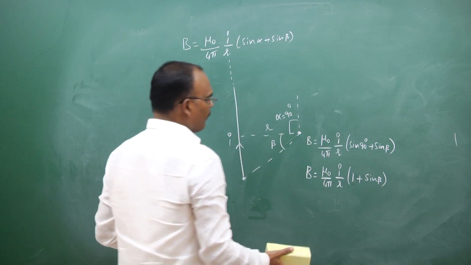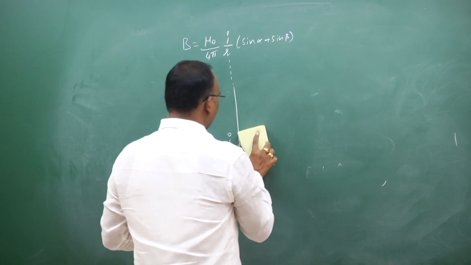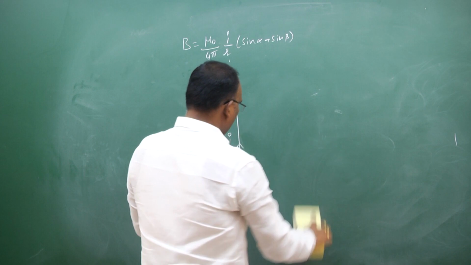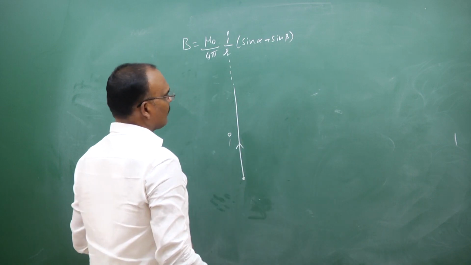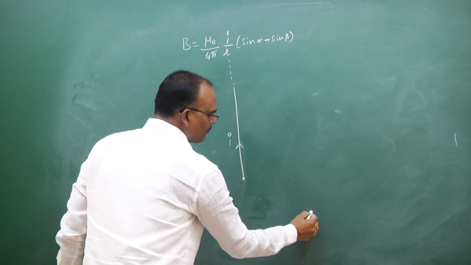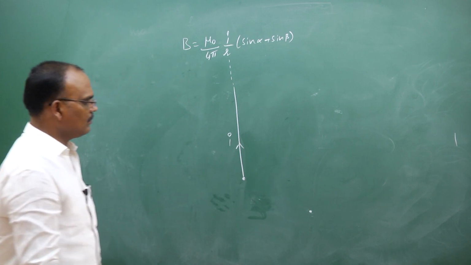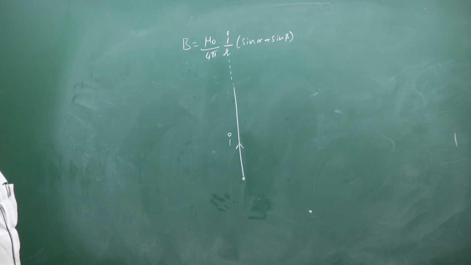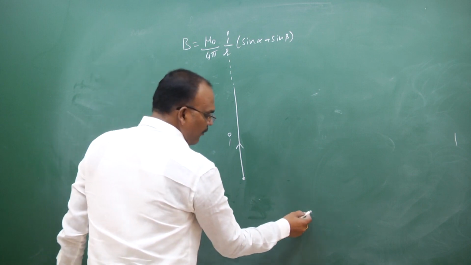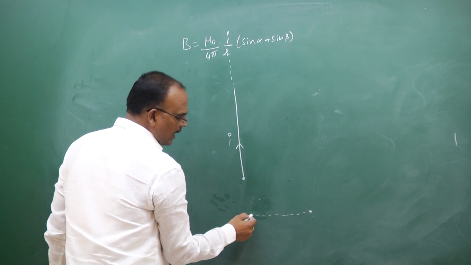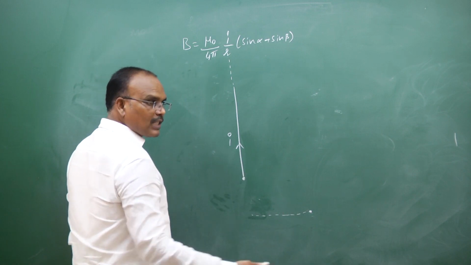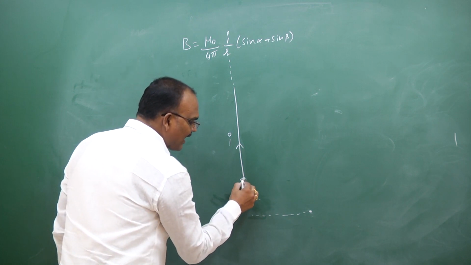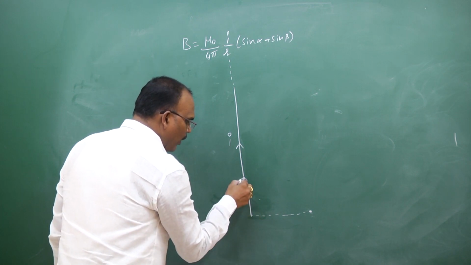If I consider a point neither here nor here, but here, and I draw a normal onto the conductor, there is no conductor here. So what I do is imagine a conductor here.